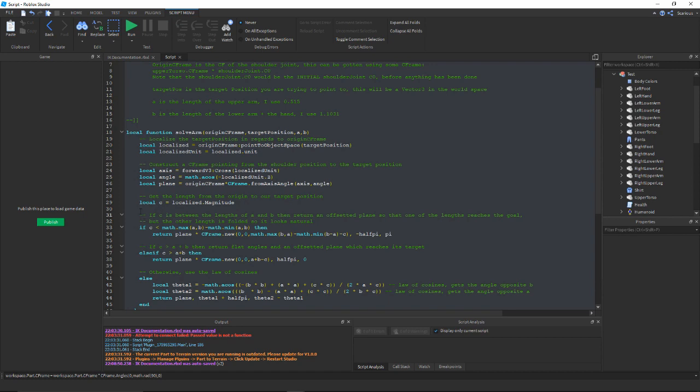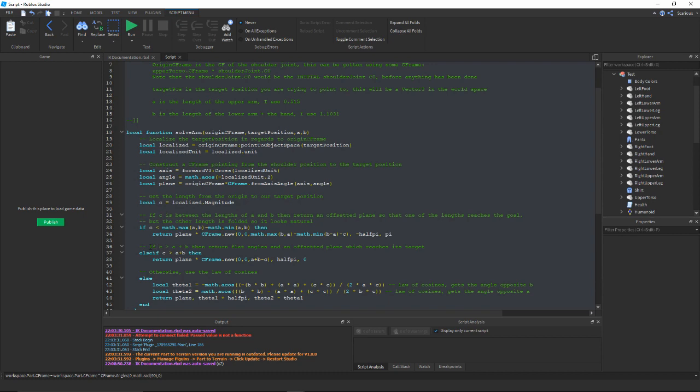And then next, as I've previously stated, if the c value is between the lengths of a and b, then we're going to return an offsetted plane, so that the lengths will physically reach the goal. And that's basically when the arm is pointing down, and then we rotate our arm.